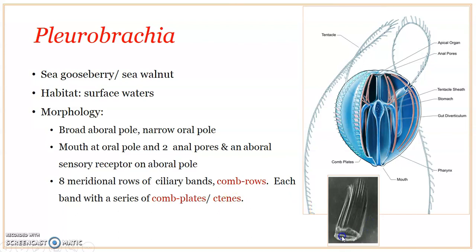Each plate is formed of fused longer cilia. Each plate is actually a transverse ridge formed by the fusion of exceptionally long cilia, and these cilia are fused basally over here. That is why it has a plate-like formation, while distally they are separated.